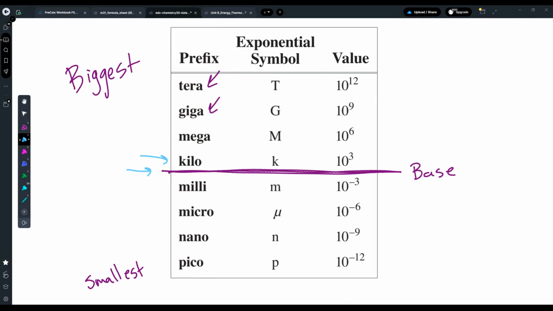Kilo is above that, so that's how I know. Anything above the base units is going to be bigger than the base units. And in 1 kilojoule, there's going to be 1 times 10 to the power of 3 joules.